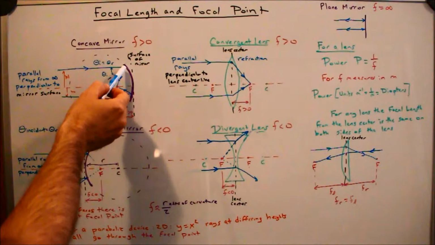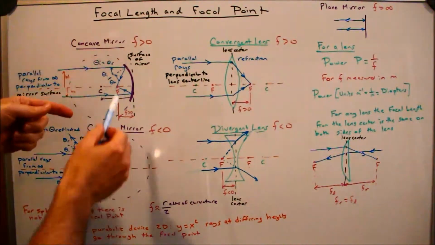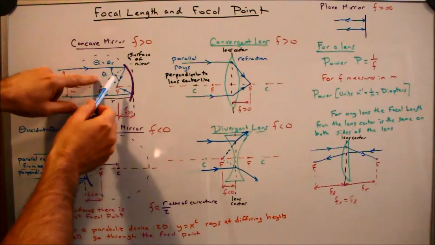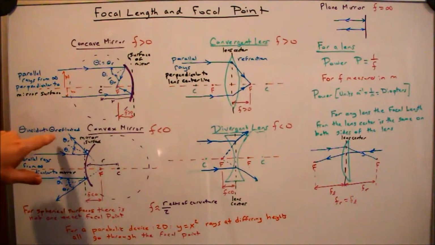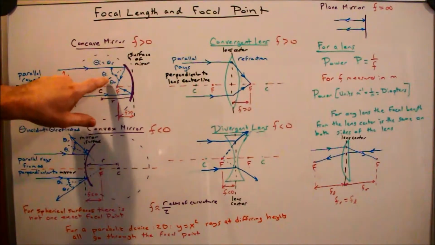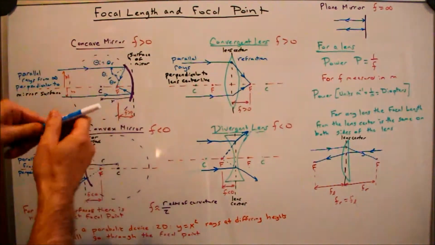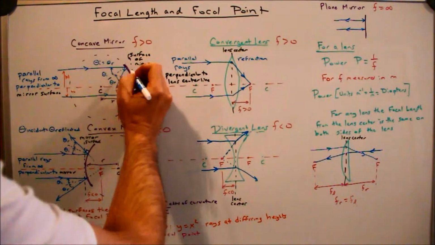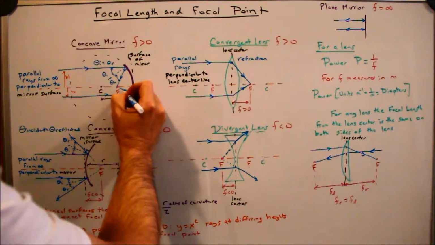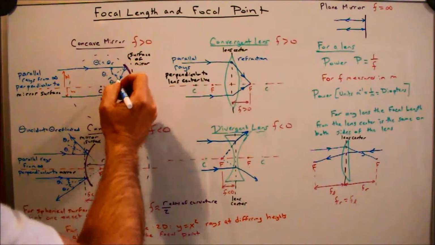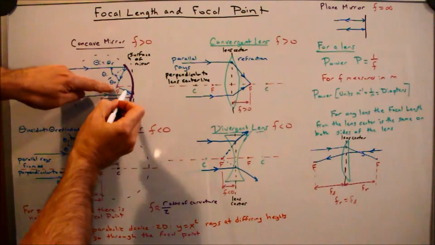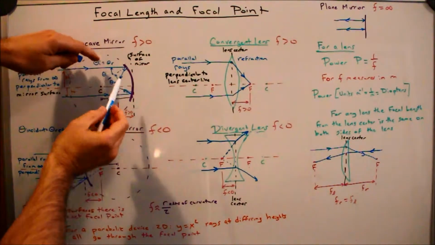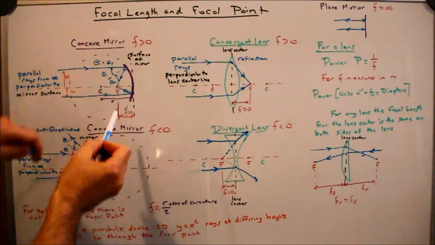Now they hit the surface of this mirror and they reflect off, and so the angle of incidence equals the angle of reflection. So I find it's perpendicular to the surface at that point, right? So they reflect off, and they reflect to this point, which is called the focal point.